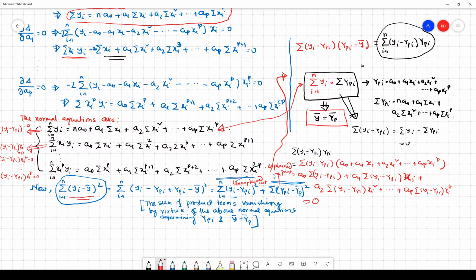Okay, so total variation means the variation within the observations of the response variable.